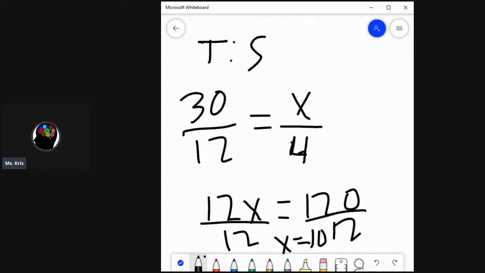Now, how can I check my answer? Well, we know that 12 divided by 3 gives me 4. So if I divide 12 by 3, I must therefore divide 30 by 3. And that, of course, gives me 10. So my answer is 10.